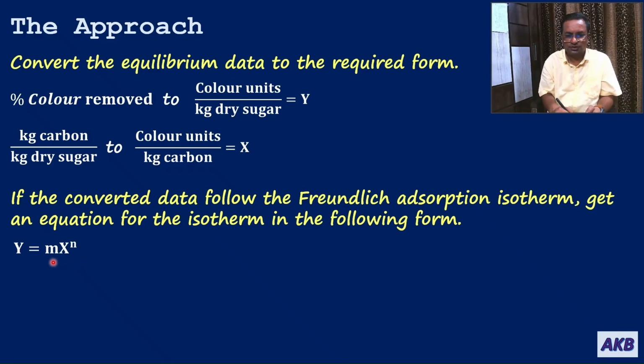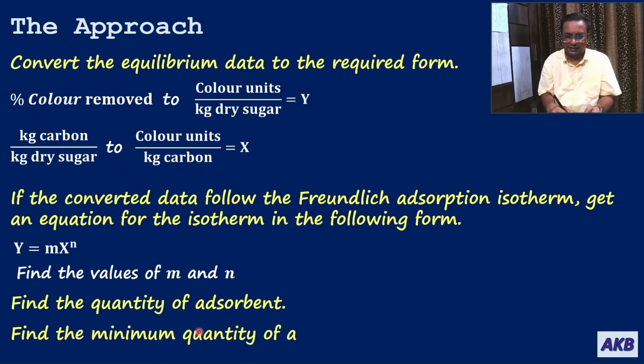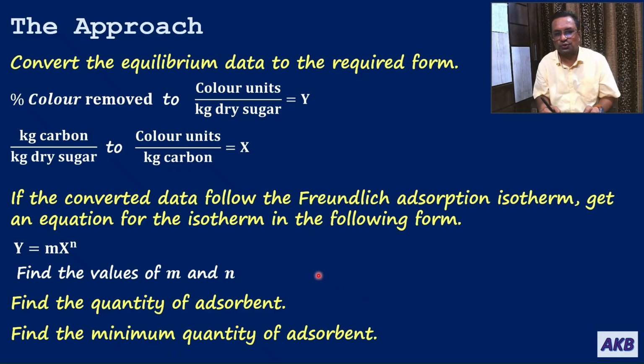That is, we are going to get the values of m and n, the second step. And then we will be finding the quantity of adsorbent that is required. And then finally, we will find the minimum quantity of adsorbent that can be used in this case.